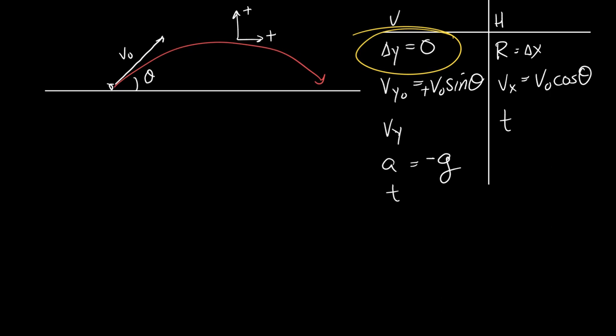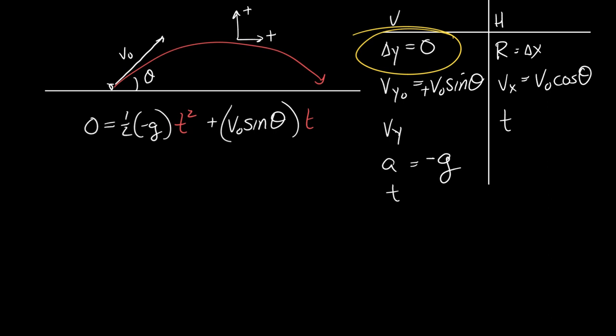Remember, we solve for the time on one side, plug it into the other. I'm going to do the exact same thing I just did, but without numbers. So 0 equals 1/2 times negative g t squared plus v naught sine theta, and I'm going to put this in parentheses just to keep it separate from the t.